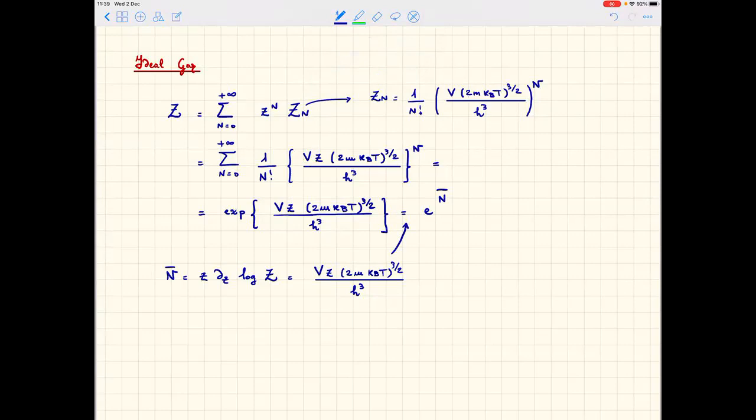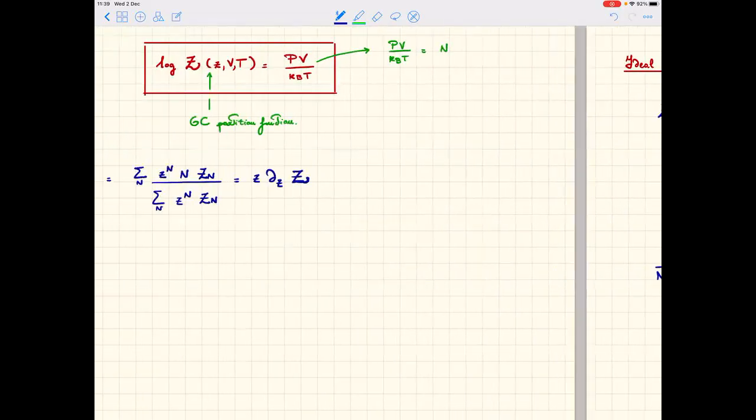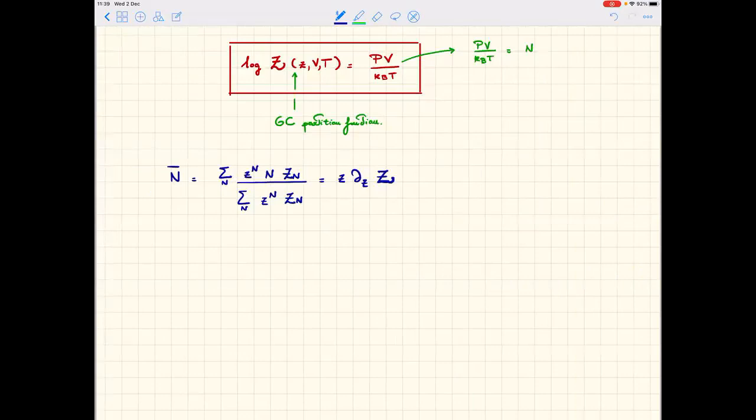Sorry, Professor, I didn't get why n bar is equal to z dz log of z. Sorry, you didn't get why n bar is equal to z dz log of the capital Z? Oh, that's because of what I wrote here, right? So n bar is equal to the sum over n of z to the power n times n Zn divided by this, right?